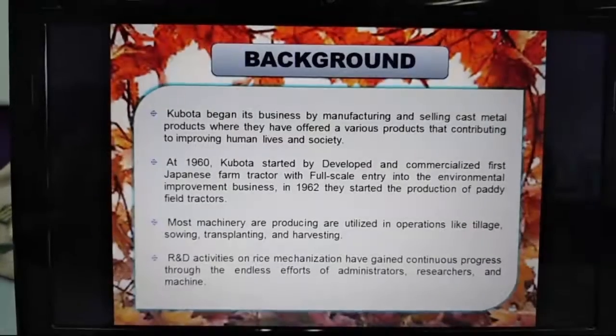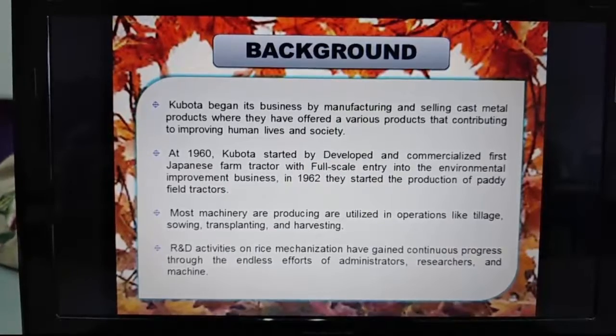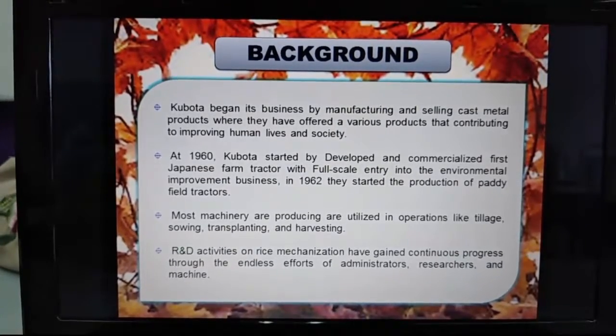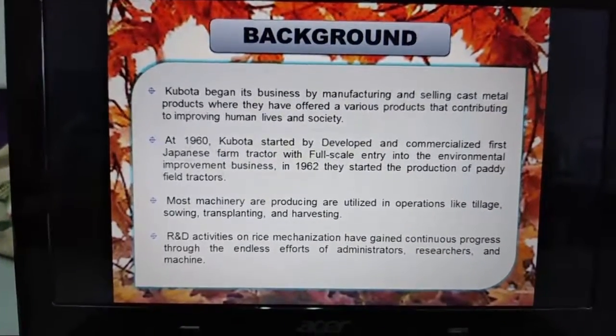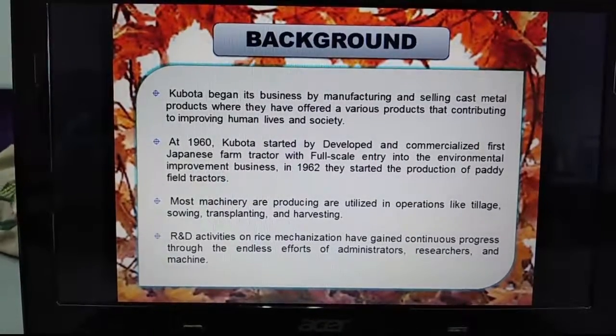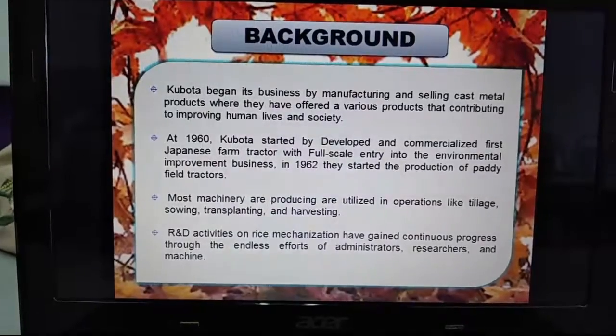Next I will explain about the background of the Kubota Corporation. Kubota began its business by manufacturing and selling cosmetic products, offering various products that contribute to improving human life and society.